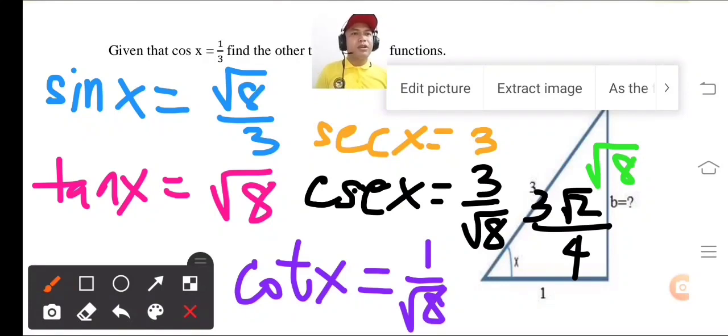And if we simplify cotangent x, or 1 over square root of 8, the result is square root of 2 over 4.